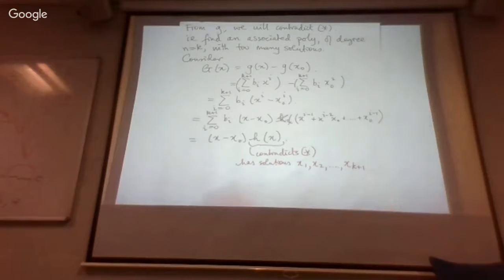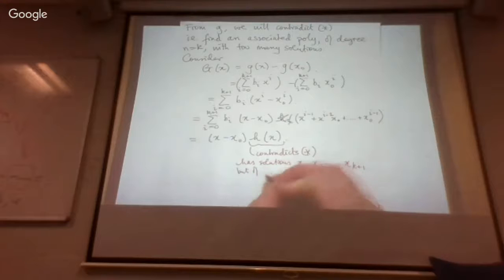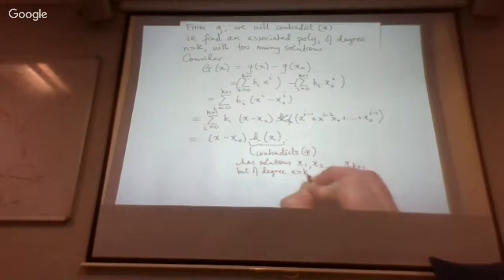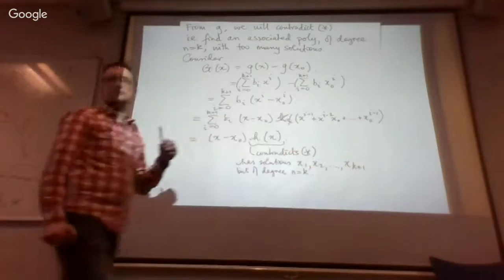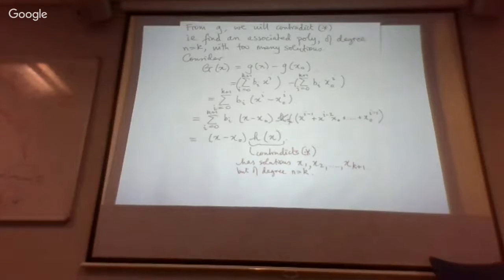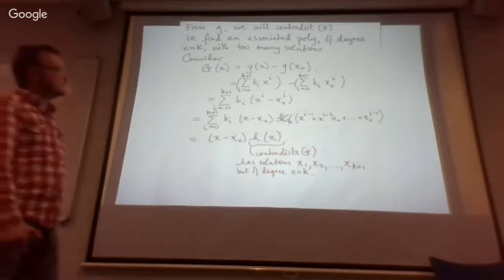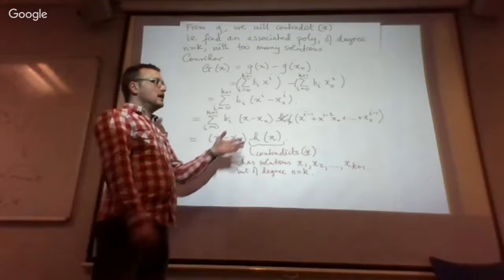It's got k plus 1 solutions, but it's of degree k. Something of degree k that has k plus 1 solutions. So that contradicts the induction assumption, which we made at position star up above on the previous page.